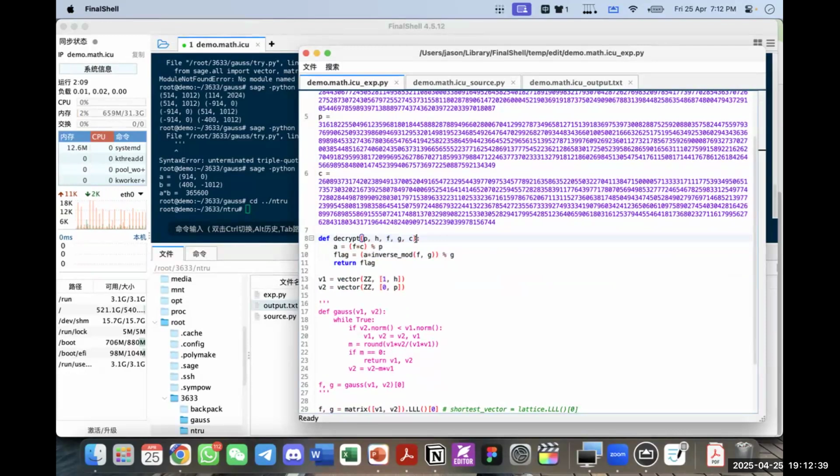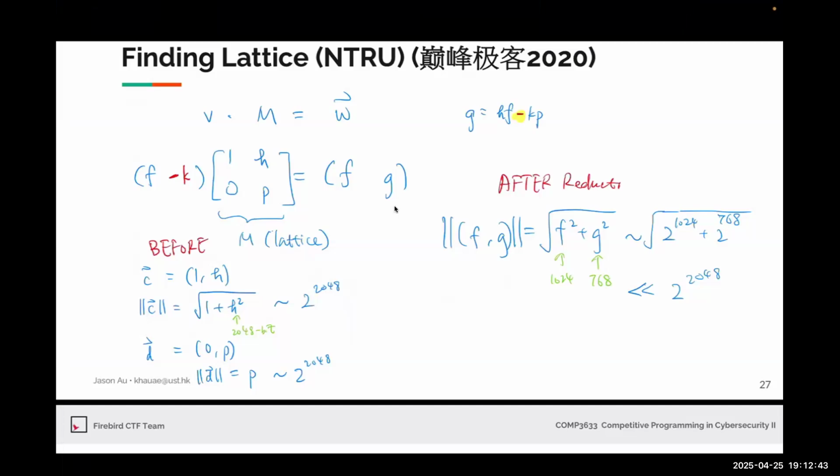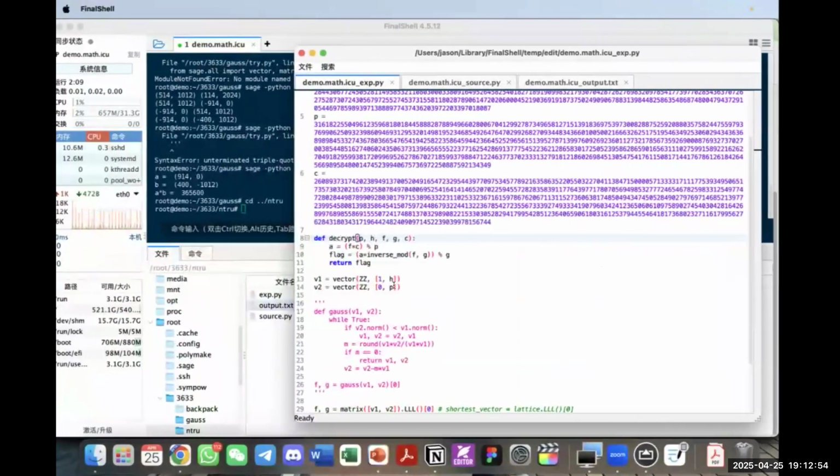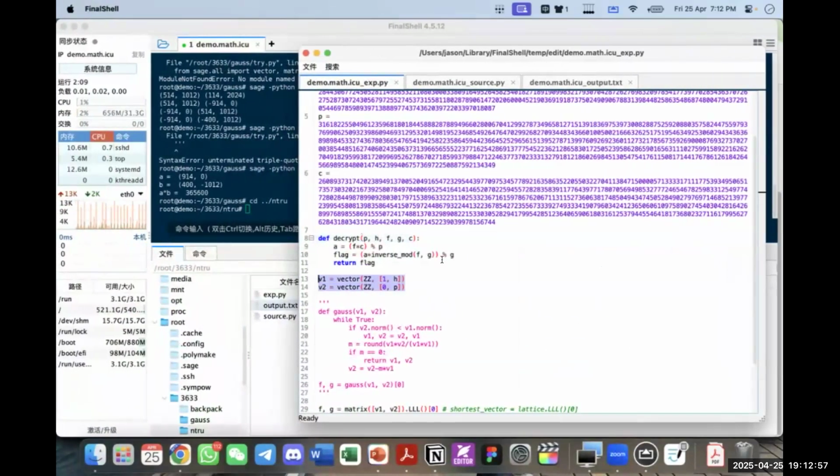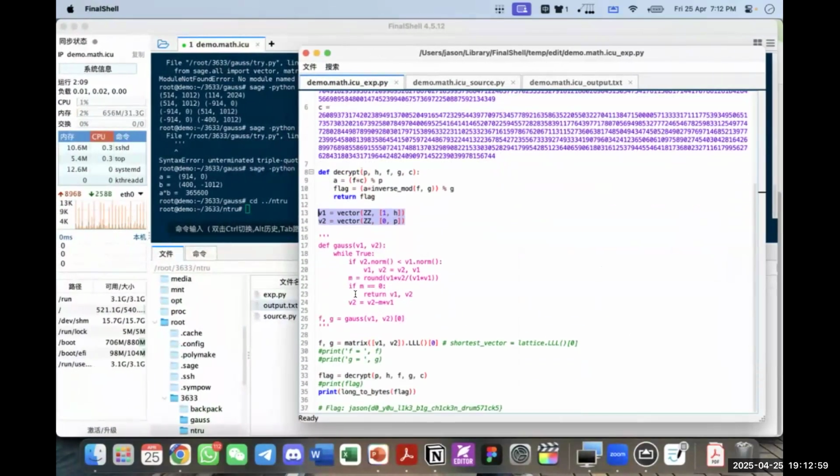As we said, we construct a matrix, the lattice, which is (1, H) and (0, P). So this is vector 1, this is vector 2. Of course, we can perform the Gaussian reduction, but we don't need it because it can be achieved by the simpler LLL algorithm.